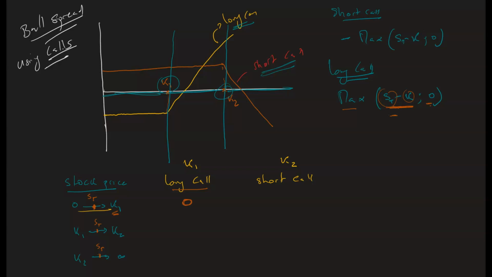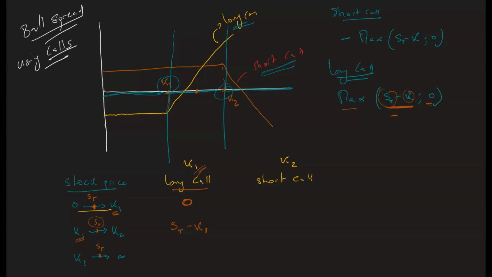Now, if the stock price is between K1 and K2, that is, the stock price is somewhere here, for the long call we have a stock price that's greater than the strike price. Remember, for the long call, the strike price is K1. So the payoff in this case is going to be stock price minus the strike price, which is K1.